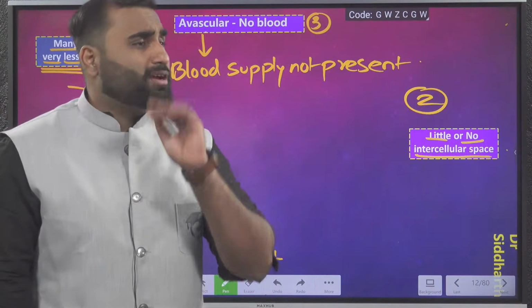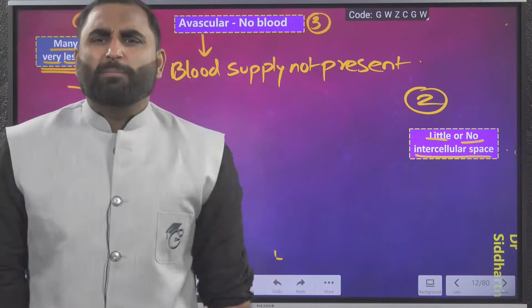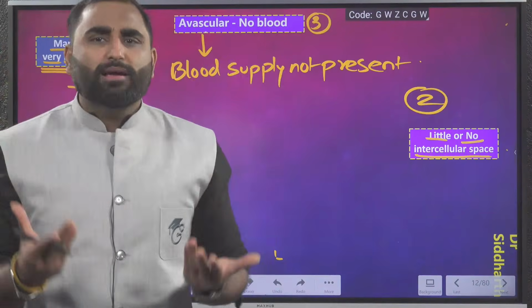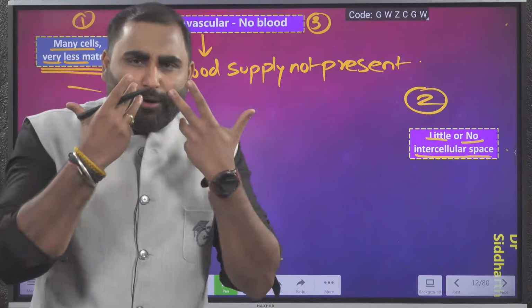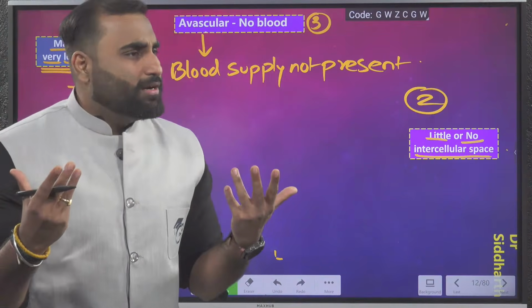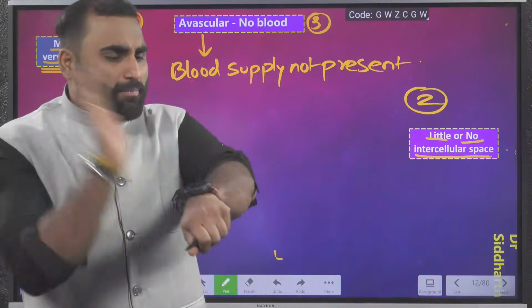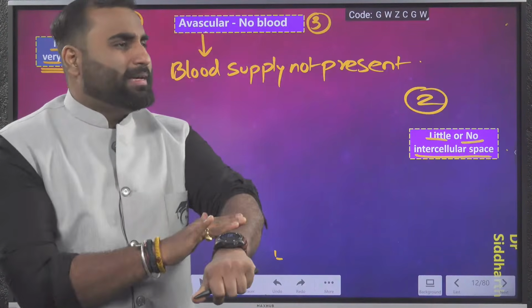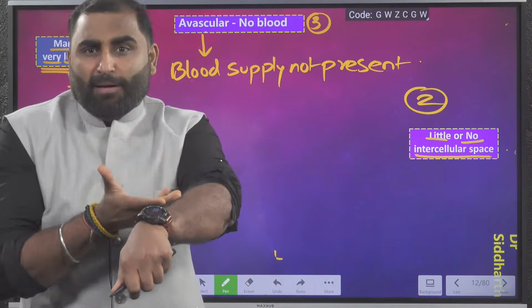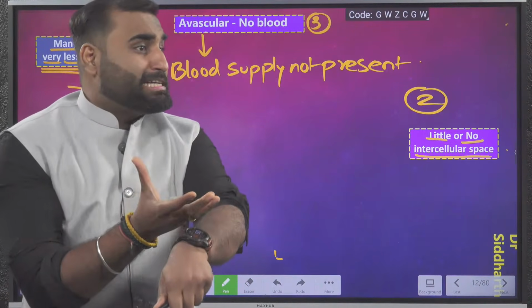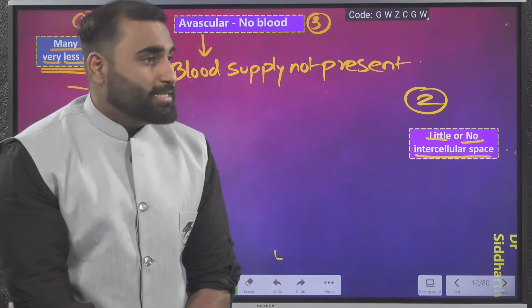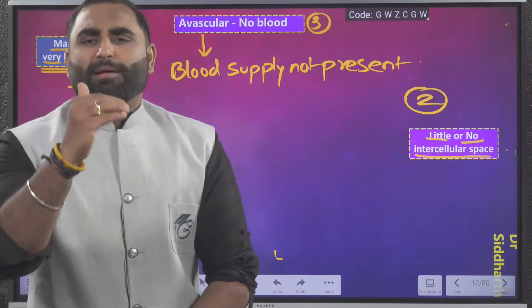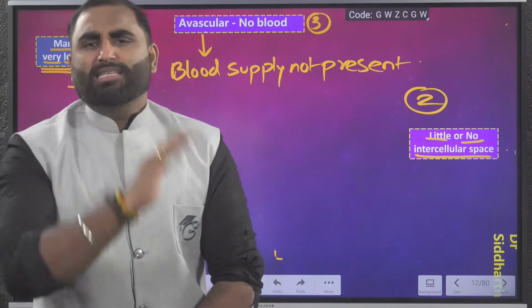Now comes another question. If they don't have blood supply, sir, how is my skin glowing? How do I blush, how does the redness on the cheeks come? If some insect bites or someone hits me, why does it become very reddish in fair people? So epithelial tissue doesn't have its own blood supply.